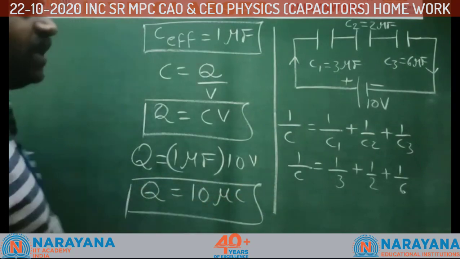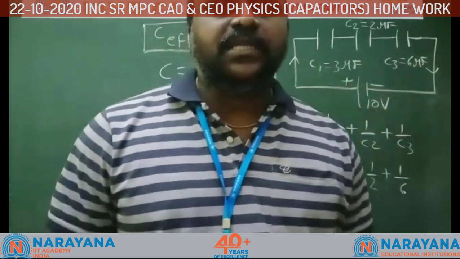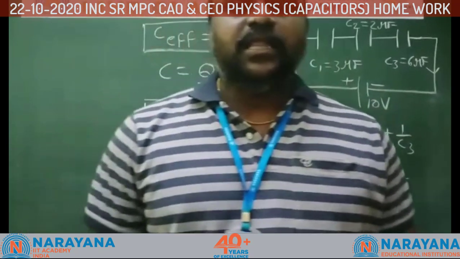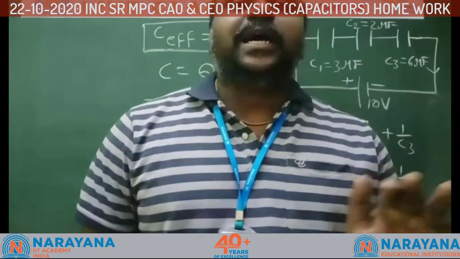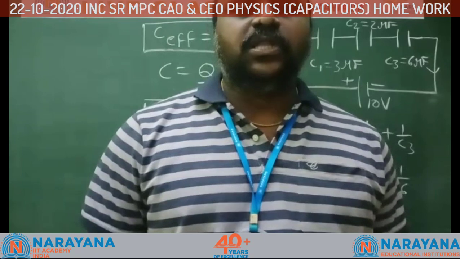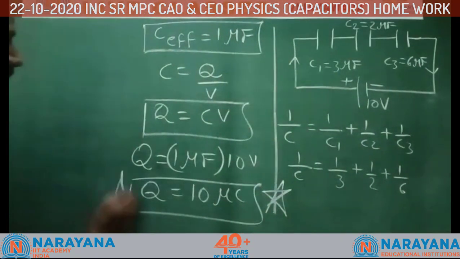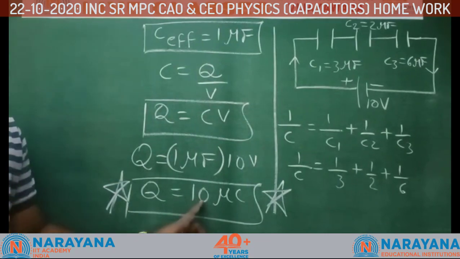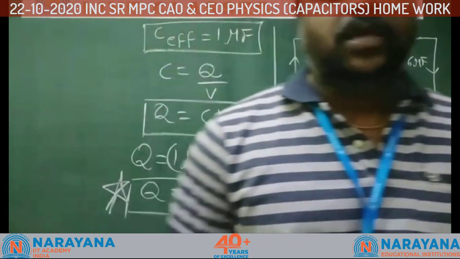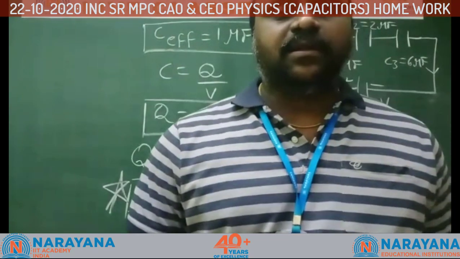Here we know that in a series combination the charge is a constant quantity. So the charge present upon this second capacitor is 10 microcoulomb. So we have to choose option 2 as the correct answer. So thank you.